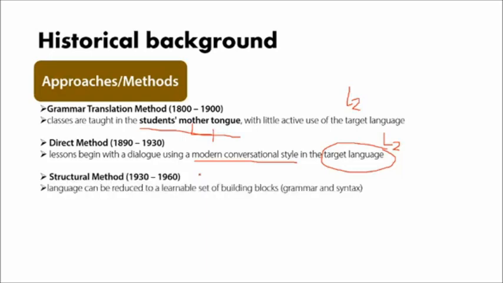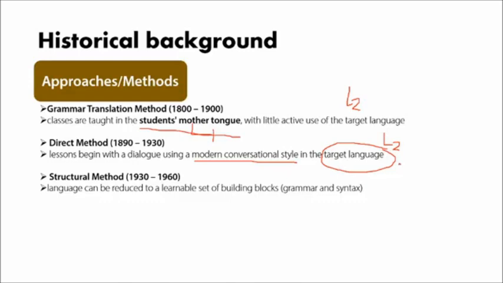Now let's proceed to the structural method from 1930 to 1960, anchored to a structural view of language teaching and learning, wherein language learning can be reduced to a learnable set of building blocks like grammar and syntax. So here, the learner masters the patterns of sentence structures, the different arrangements of words in one acceptable style or another. So it includes various modes in which clauses, phrases, or words might be used.